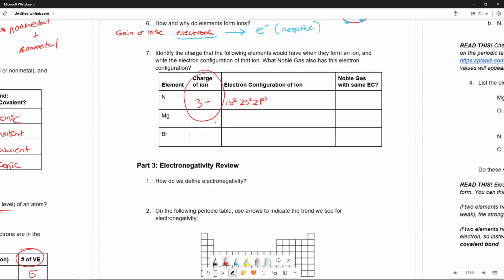And when we have a charge of 3 minus, we gained 3 electrons because the more negative you are, the more electrons you gained. Question 6, that's what we talked about. If you gain electrons, you become negative, and we are negative, so we gained electrons. So instead of 2p3, we're going to change that to 2p6. We added 3, and we have a full p shell now. So 2p6 is the electron configuration for the nitrogen ion.